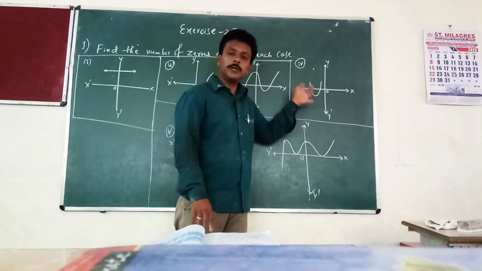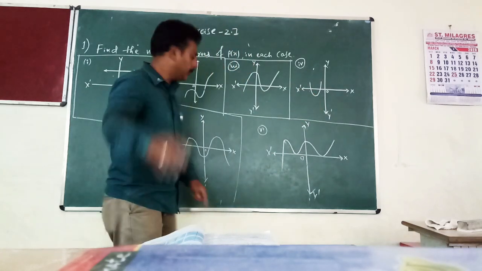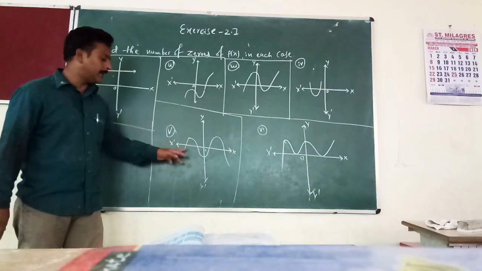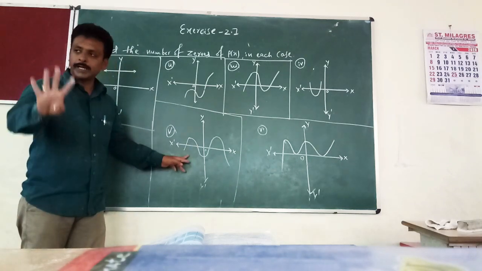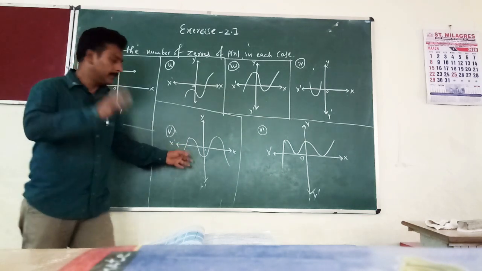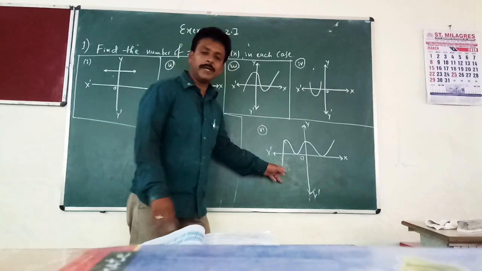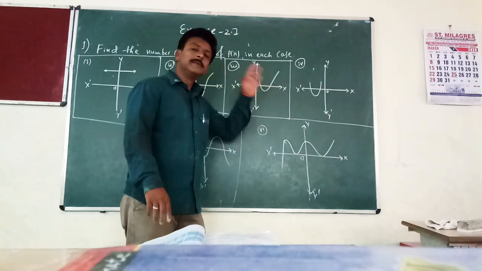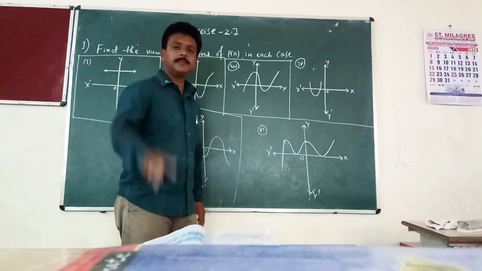Therefore, the zeros of the given polynomial is 2. The graph of the given polynomial is intersecting the x-axis 4 times. Therefore, the zeros of this polynomial is 4. The given graph is intersecting the x-axis 3 times. Therefore, the zeros of this polynomial is 3.